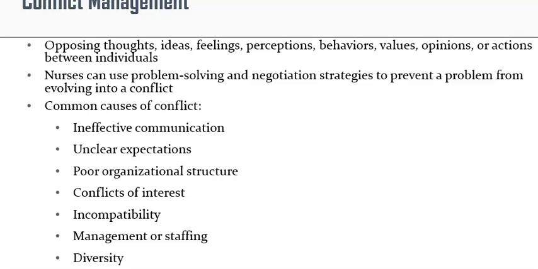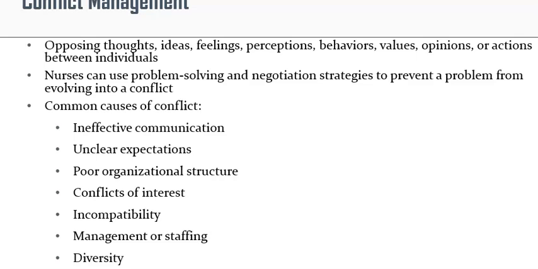Conflict is an inevitable part of professional, social, and personal life and can have constructive or destructive results. Nurses must understand conflict and how to manage it. Nurses can use problem solving and negotiation strategies to prevent a problem from evolving into a conflict.